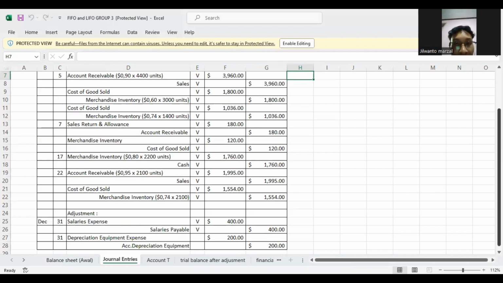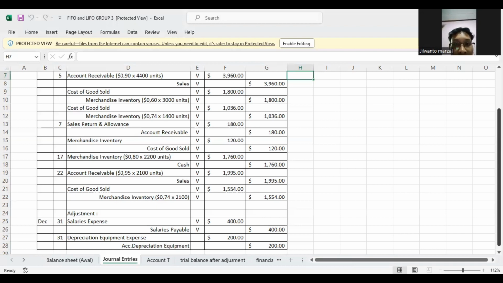So the journal will be accounts receivable in debit, $0.90 multiplied by 4,400 units. It equals $3,960, and in credit is sales, because we sell it. So in credit $3,960 also.